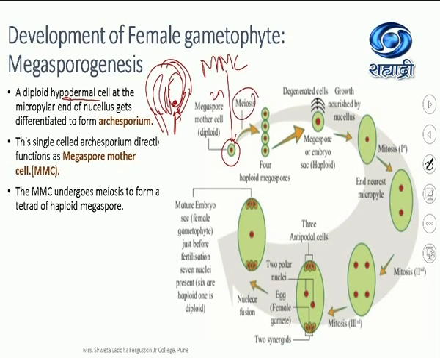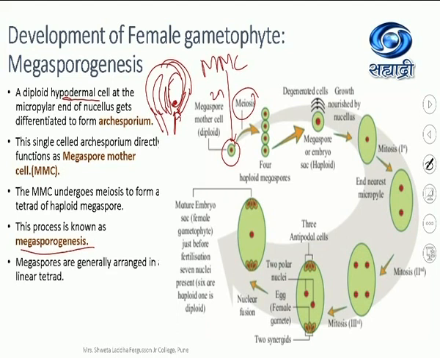Tetrad means 4 haploid megaspores, linearly arranged in a straight line. This process of formation of 4 haploid megaspores from the diploid megaspore mother cell is called megasporogenesis. Here also 4 are formed, but 3 degenerate.